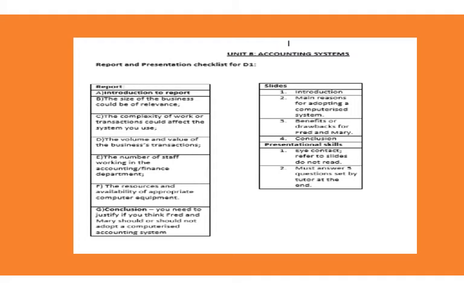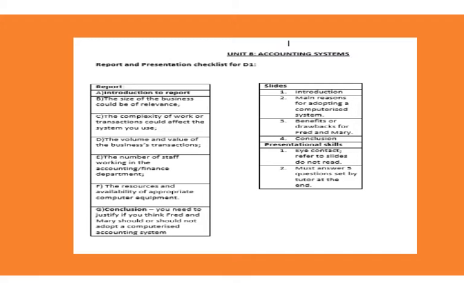You need to discuss the reasons why you might choose this. However, if you've only got a small number of people working in the department, such as Fred and Mary, why might they choose manual? Think of if they're saving time using computerized, what could they do with the time if they've got a new business? Think about what's important to a new business and how that'll affect Fred and Mary as owners of a new business.